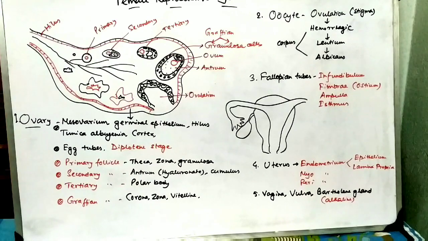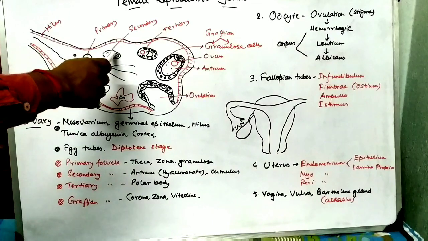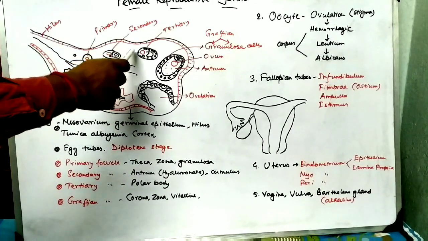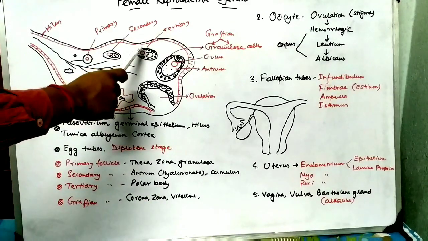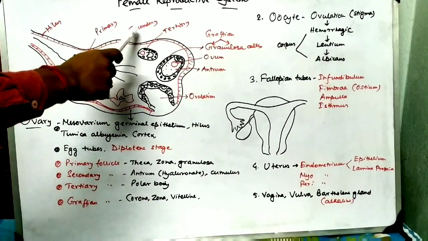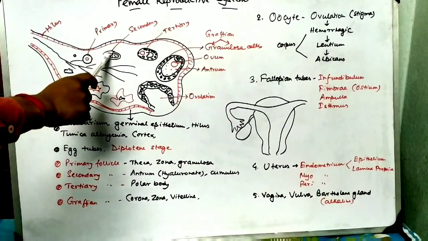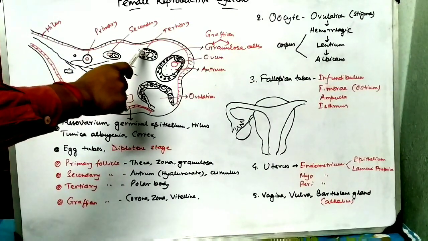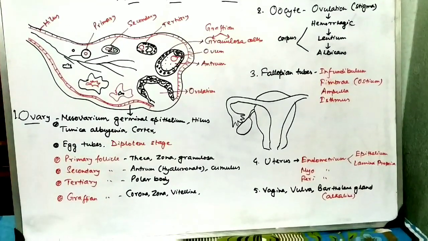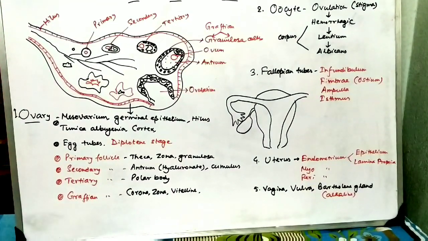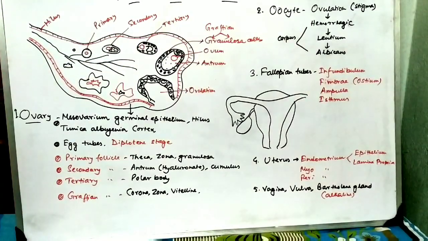Before, at the primary and secondary follicular stage, the ovum is arrested at the diplotene stage. During the formation of the tertiary follicle, it completes meiosis 1 and forms a polar body and a secondary oocyte. So now we can call it the secondary oocyte.